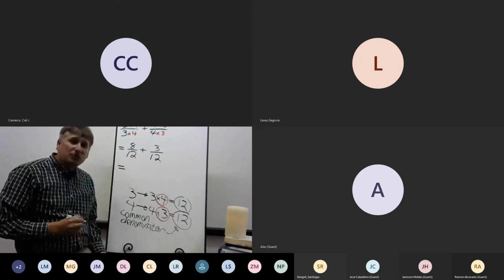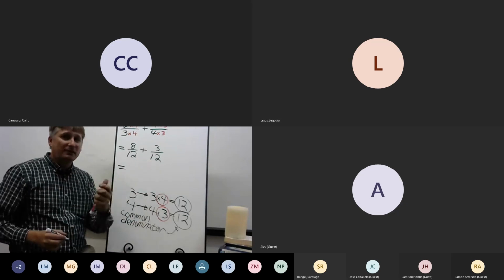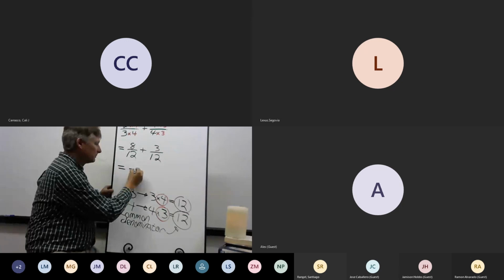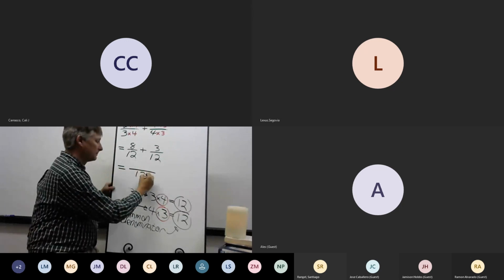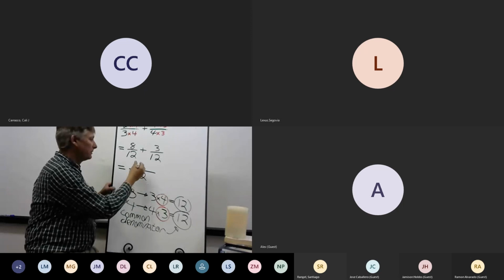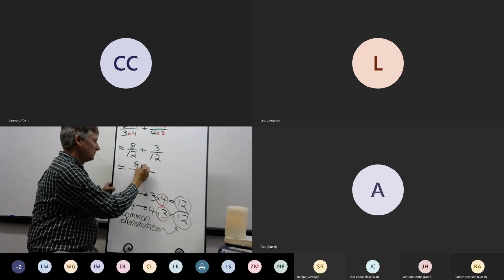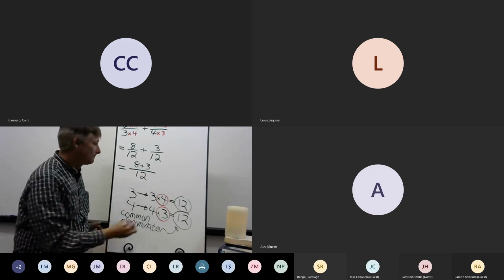And now we can add these fractions. Because they have the same denominator, we can finally add them. And remember, we keep the common denominator. We don't add the 12s. We keep the 12. We only add the top numbers.